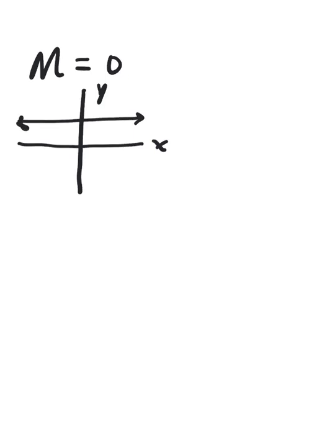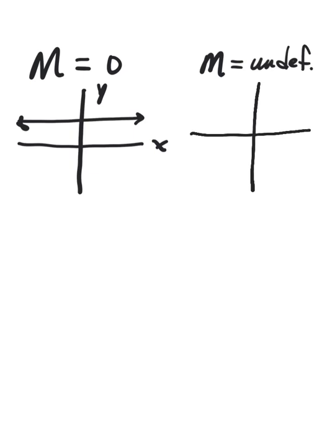Now keep in mind, these are a couple of special cases. The other one was when the slope was undefined, and the orientation of that line is vertical.